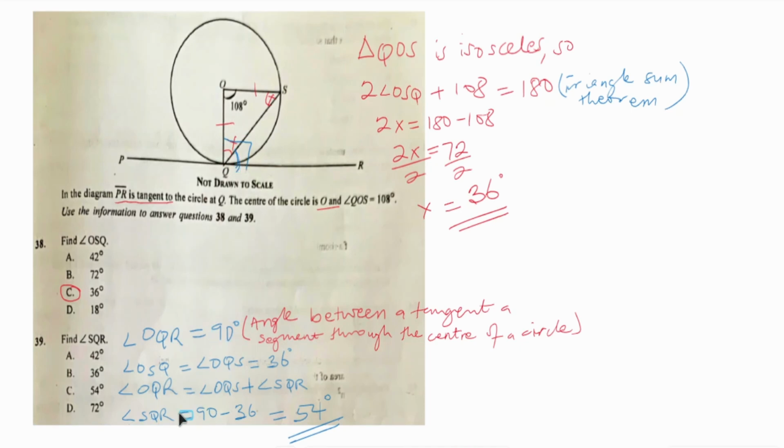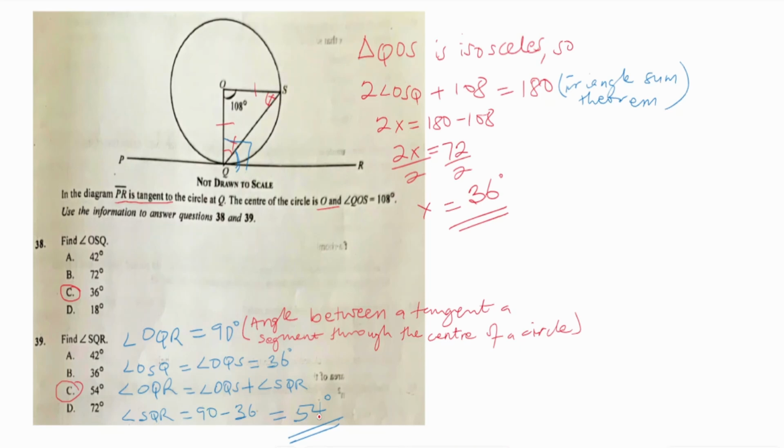So substituting the numbers, SQR will be equal to OQR, which is 90 degrees, minus the 36, which is OQS, and that will give us 54 degrees, and that is option C.